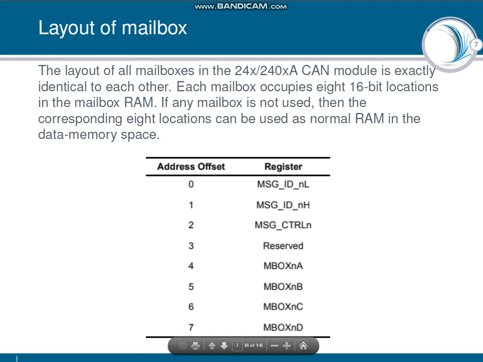These bits specify the number of bytes to be transmitted in a message. Last, in MBOXn, we have MBOXnA, MBOXnB, MBOXnC, and MBOXnD. Commonly, we call it the MBOXnX register, which can hold 2 bytes, giving a total of 8 bytes storage space for each mailbox.